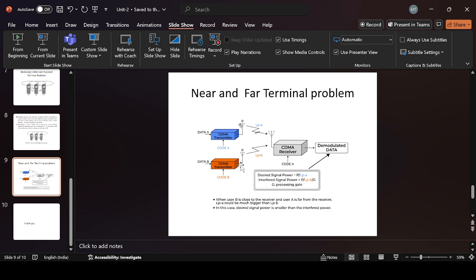Whatever signal B is transmitting will be received properly when compared to A, because the power of the signal from B will interfere with A, and this will be heard as a little bit of noise at the receiving end. So whoever is closer to the receiver will be received correctly when compared to the node which is far apart. This is what you call the near and far terminal problem.